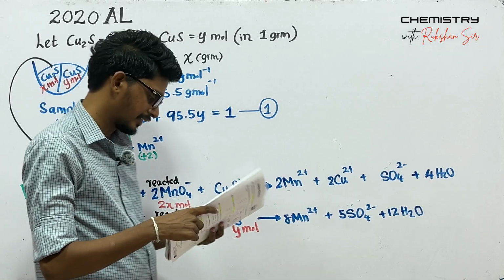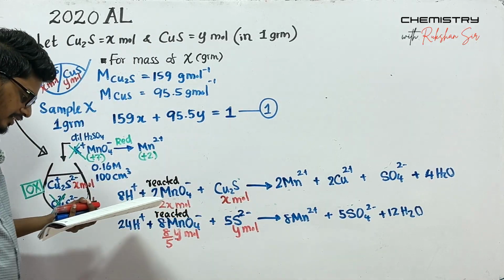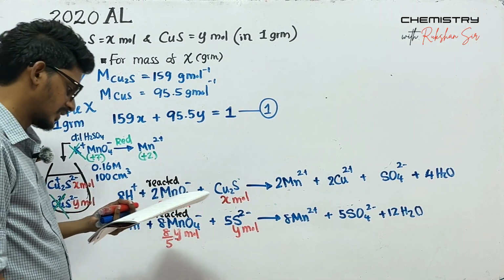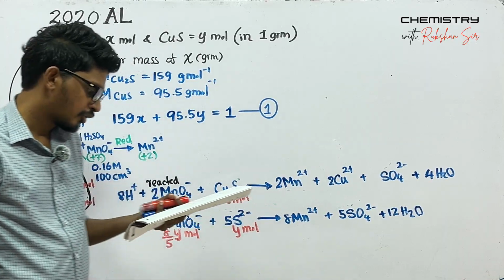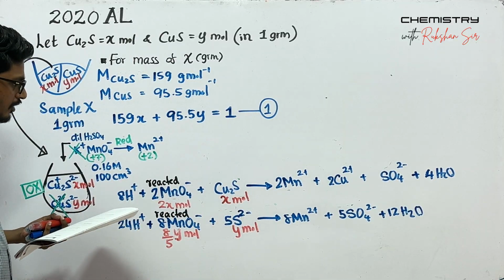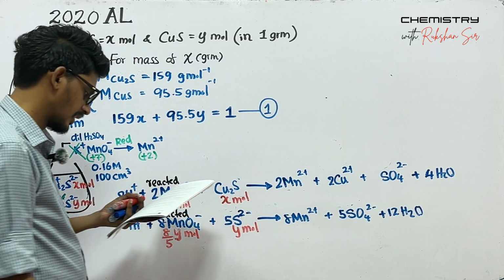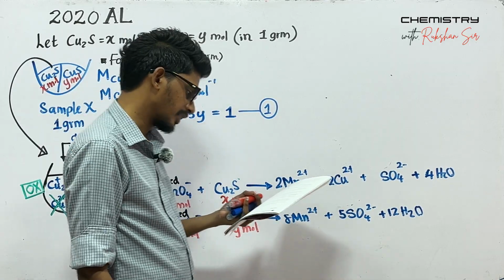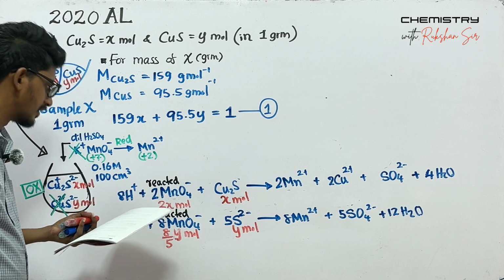Let's go to the question again. What are they saying? Thereafter, the excess MnO4 minus in the solution was titrated with Fe2 plus. The volume required was given.